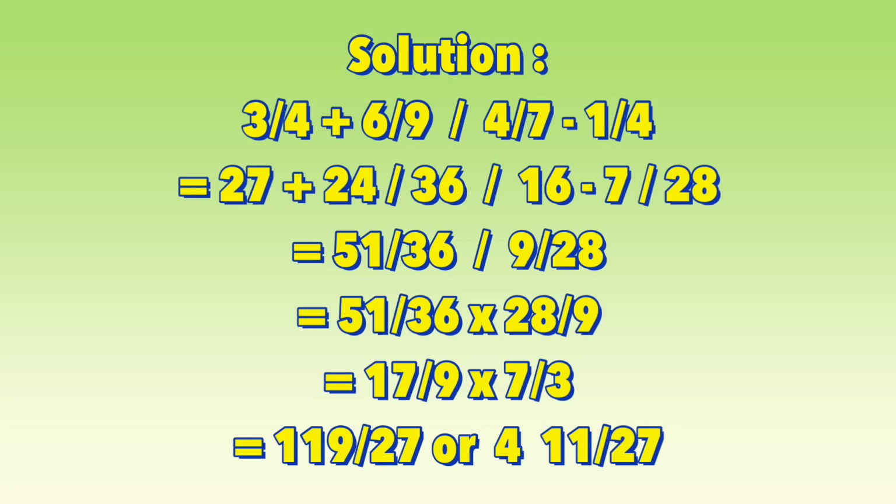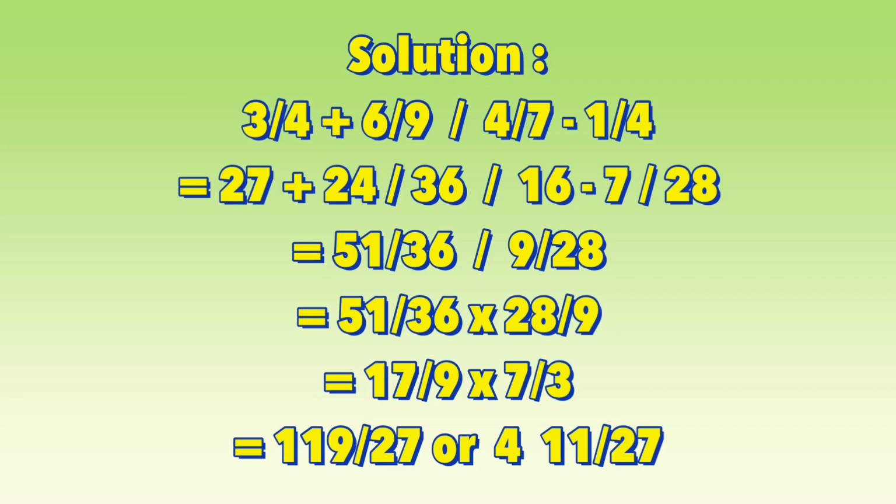The LCD of 4 and 9 is 36. Then we divide 36 by 4, it becomes 9. 9 times 3 equals 27, plus 36 divided by 9 equals 4, times 6 equals 24.